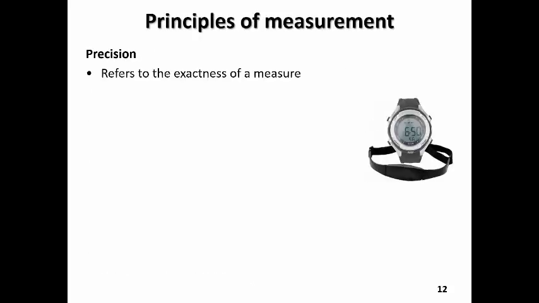And speaking of precision, it is another important property of any measurement that refers to the exactness of a measure and is often a function of how sensitive the testing instrument is.